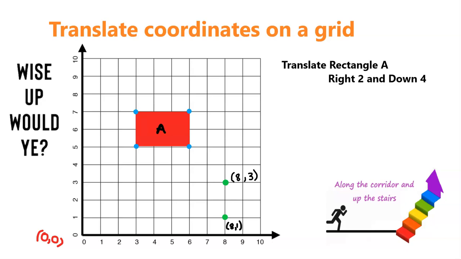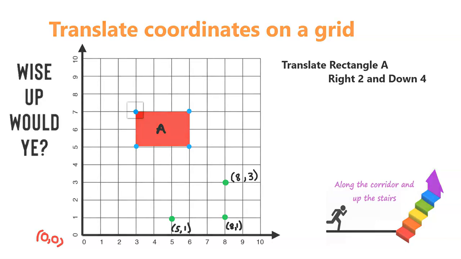Now we're ready to go back and pick a new vertex, the one at 3, 5, and again we're going to just do exactly the same. We're going to move across to right 2 and we're going to move down 4 and we can translate that point and record it. Now we're ready to translate that last vertex. I'm sure you can already work out where its translated point is on the grid. But let's just follow the method.